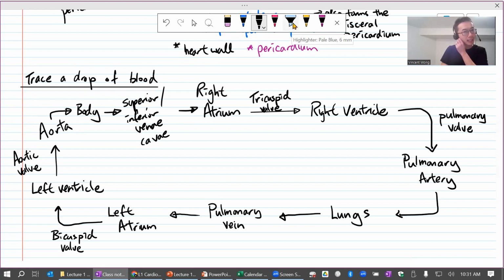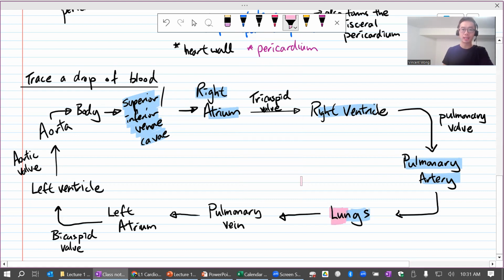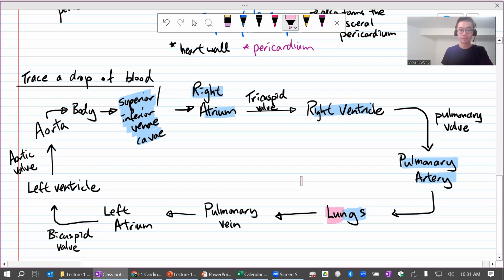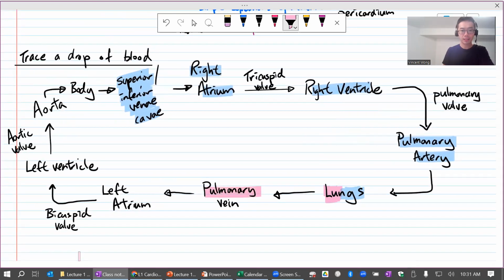If you have a highlighter, you can highlight with me. Oxygen poor, oxygen poor, until we get to the lungs, where it gets reoxygenated, right? And then everything is oxygenated afterwards until it gets to the body.